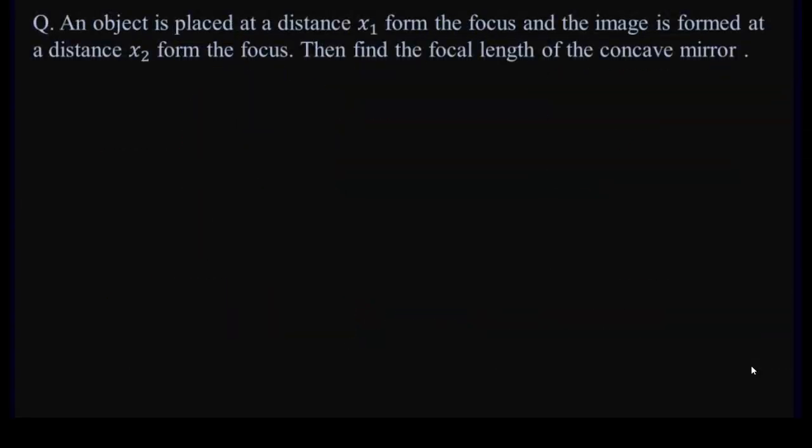Next one. An object is placed at x1 from the focus. And the image is formed at distance x2 from the focus. Find the focal length of the concave mirror.